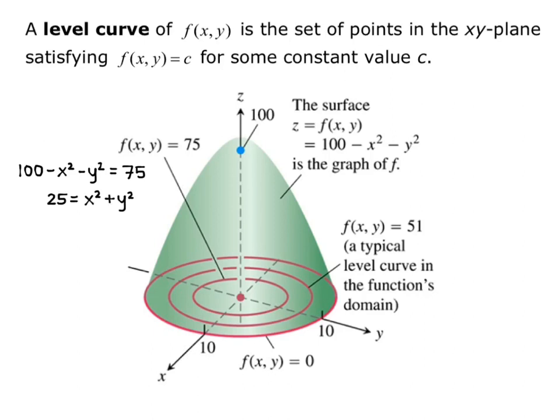So we get 25 equals x squared plus y squared. Now we know that this is the equation for a circle of radius 5. This gets graphed down in the xy plane. We can do this for any real number c value, so any surface has infinitely many level curves.